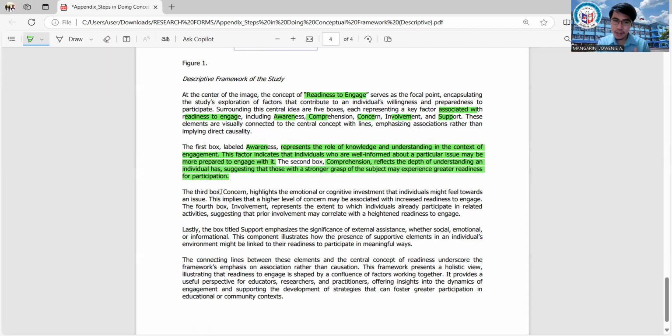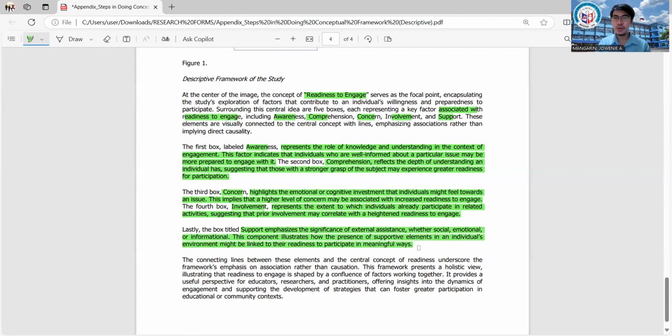The third box is all about concern, and they just discuss here the context of concern. Okay? And then the fourth box is all about involvement, and they describe here the context of involvement. And the last box is all about support, and they discuss here the context of support.